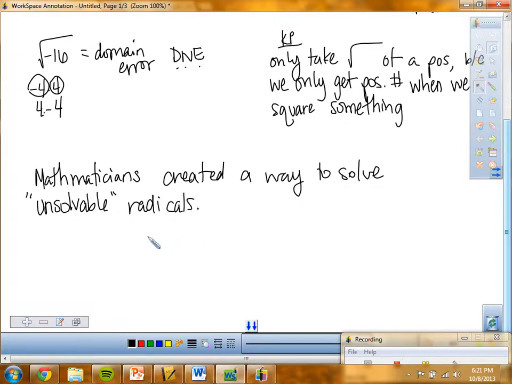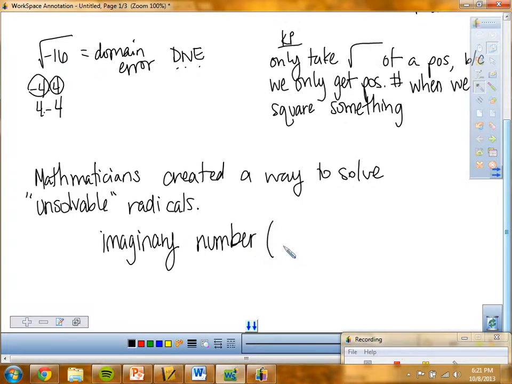And since mathematicians have great senses of humor, they decided to call that imaginary numbers. They said, okay, well in real life we can't do this, but in imagination land we can. So we're going to have imaginary numbers, and now we can take the square root of a negative.